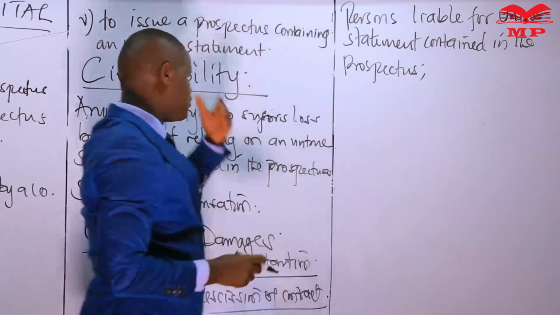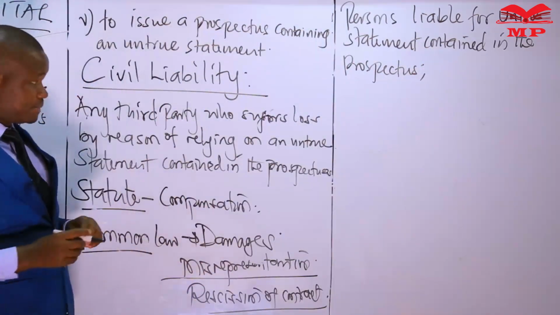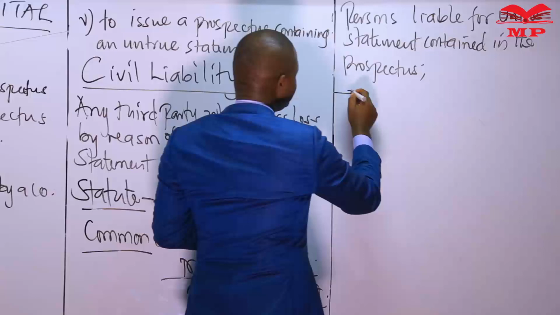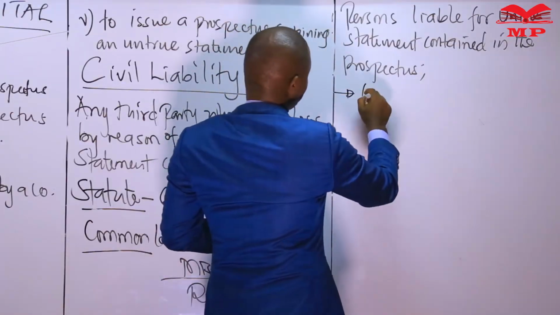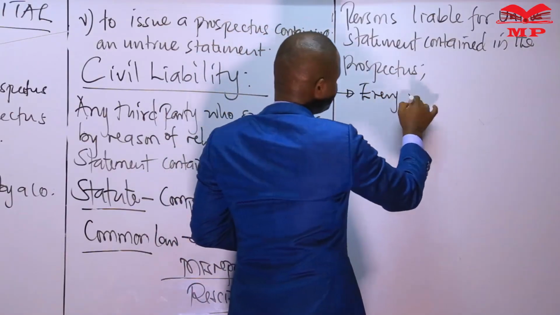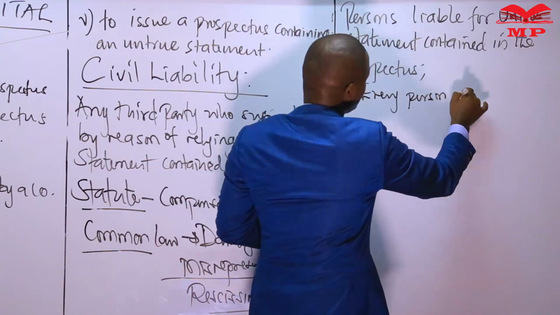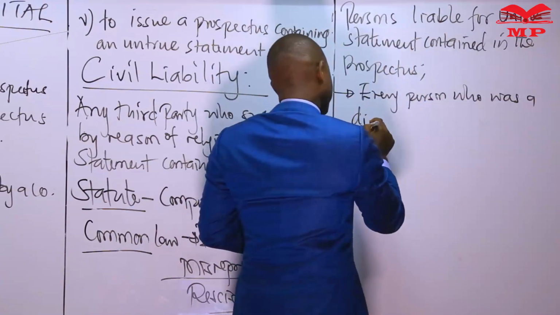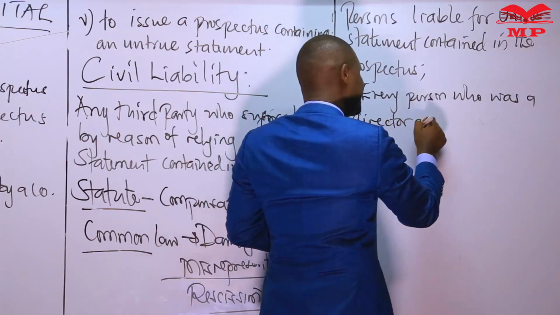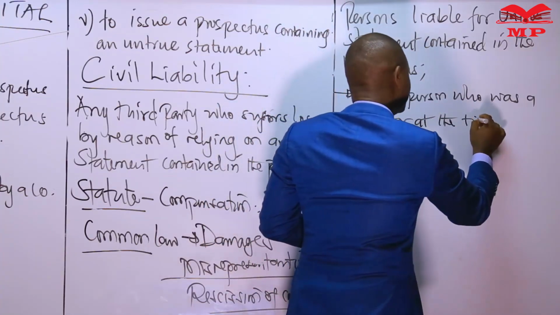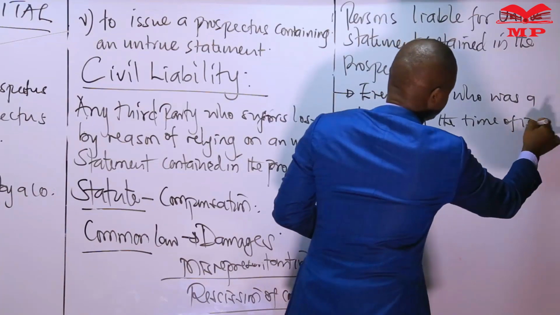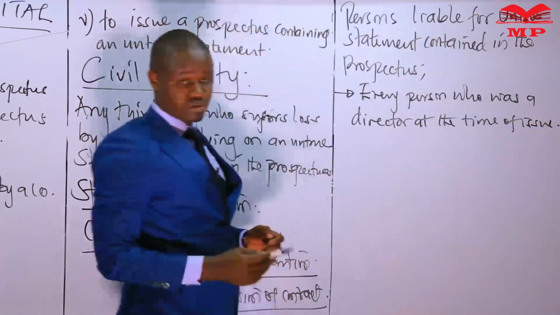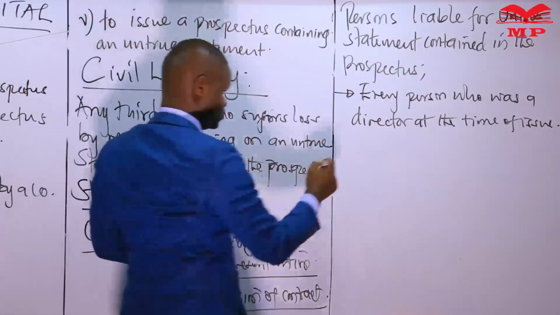Persons liable for untrue statements contained in the prospectus. Now, we could be claiming compensation from every person who was a director at the time of issue. Every person who was a director at the time of the issue.